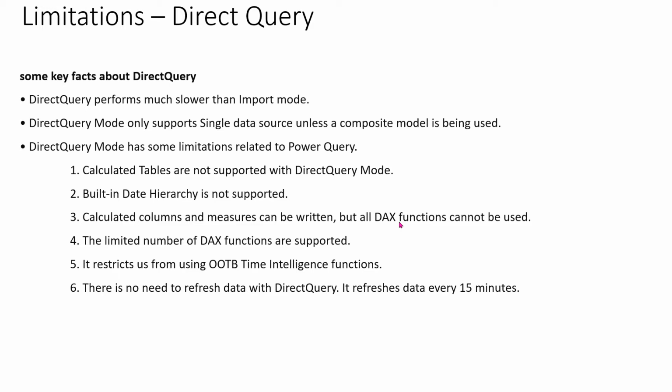It restricts us from using out-of-the-box time intelligence functions. Time intelligence functions are things like last refresh date, end of the month, last year, start of the month. This kind of date function you cannot use in direct query.